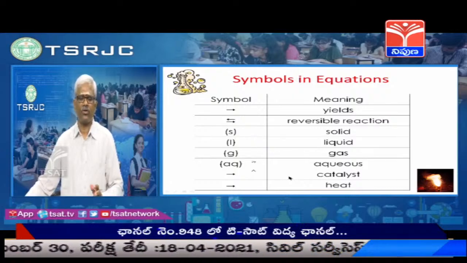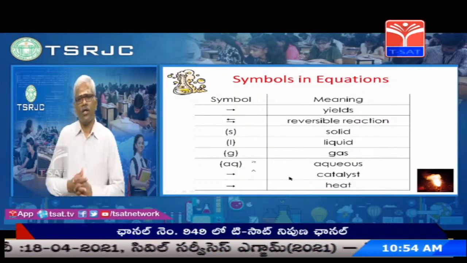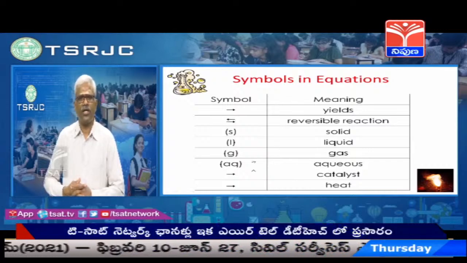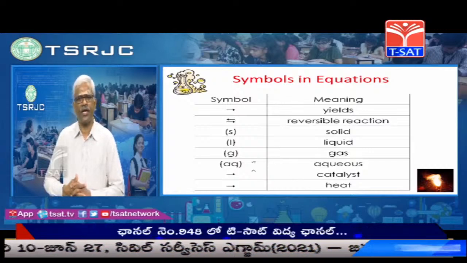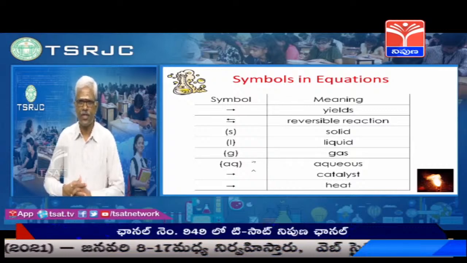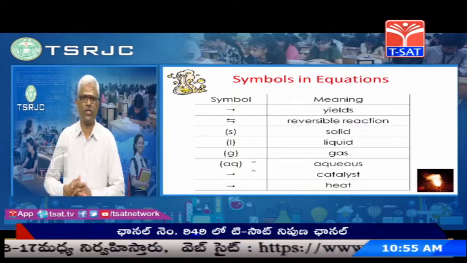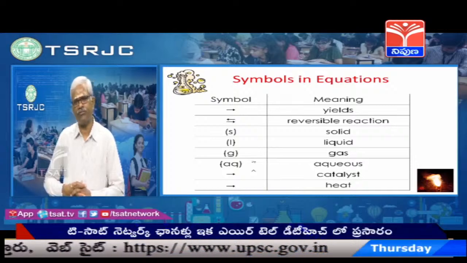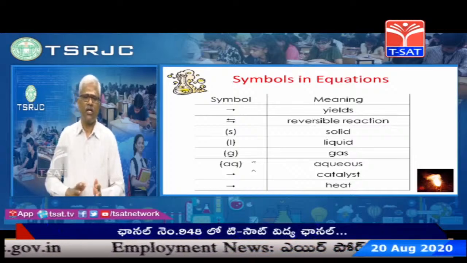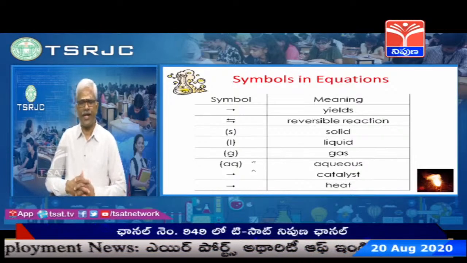In the beginning I told, once the molecule is formed, in an ordinary way it cannot be converted into its original shape. Definitely it is true, but most of the times the products form the reactants.